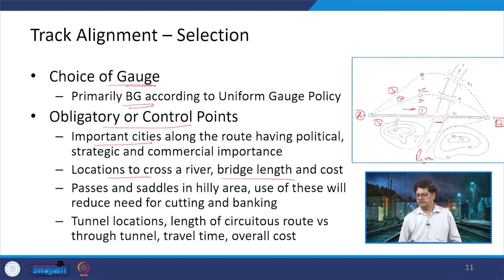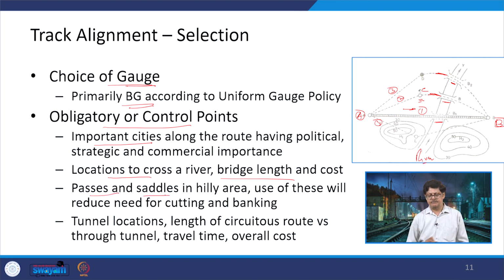A bridge can be here or here, but when we do this, the alignment has to be placed in such a manner that before approaching the bridge, a straight connectivity should be there, and only then should the train move on that bridge. And the bridge at that particular location should be at 90 degrees to the curvature of the river. This is also an important aspect.